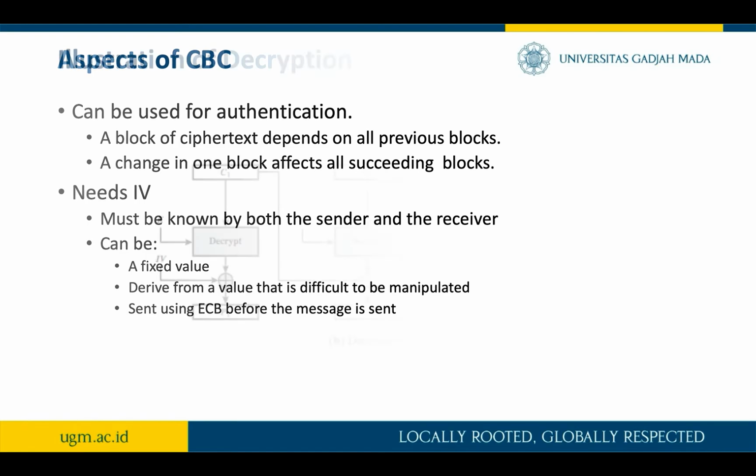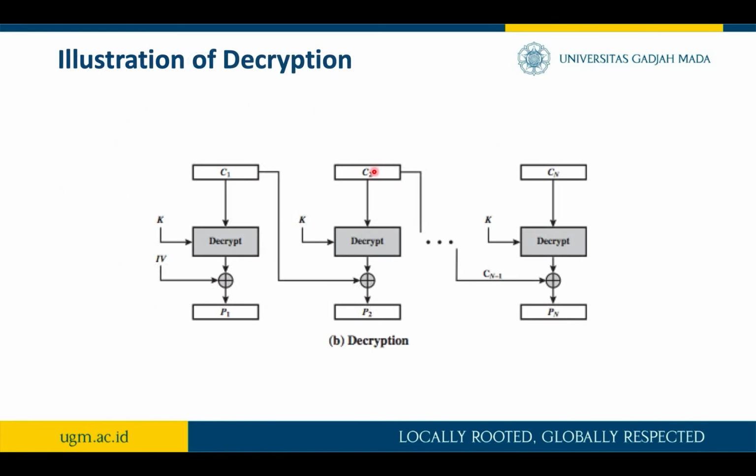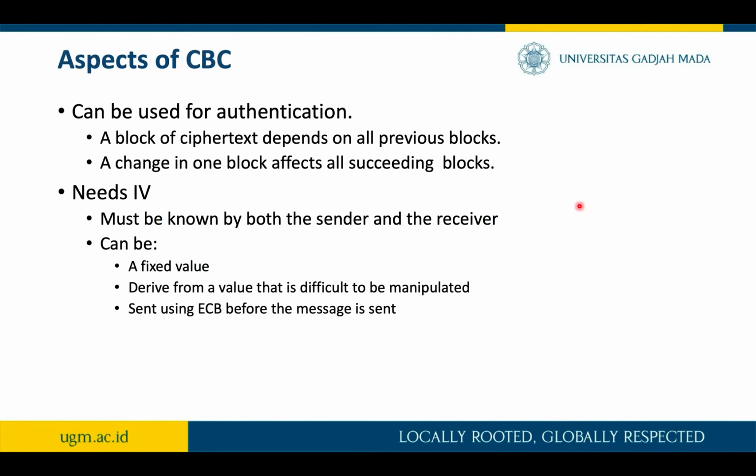So for example, if we change just one bit of this one, then of course everything will be changed here. So that's why it is very good for authentication, to make sure that the data that is sent is not modified during the transmission.